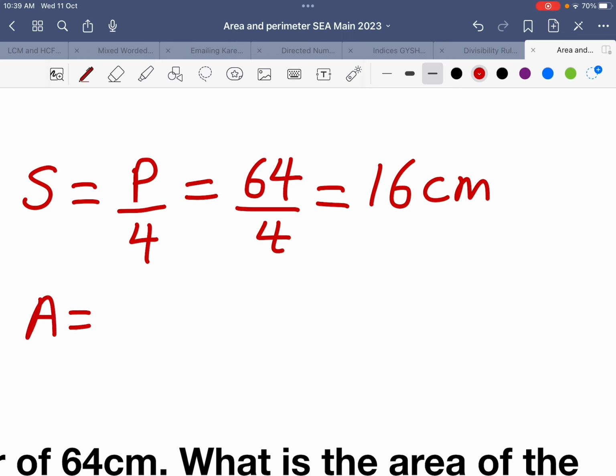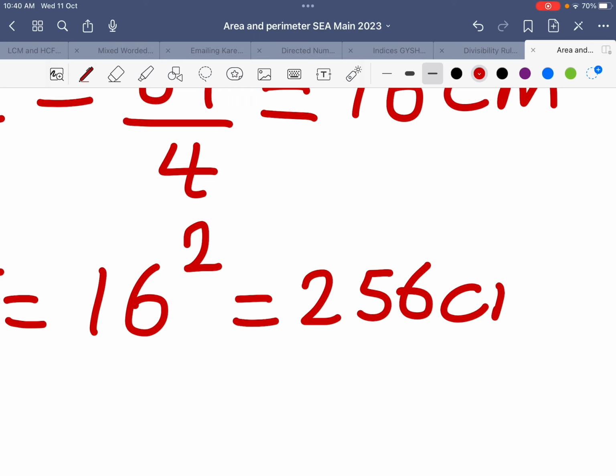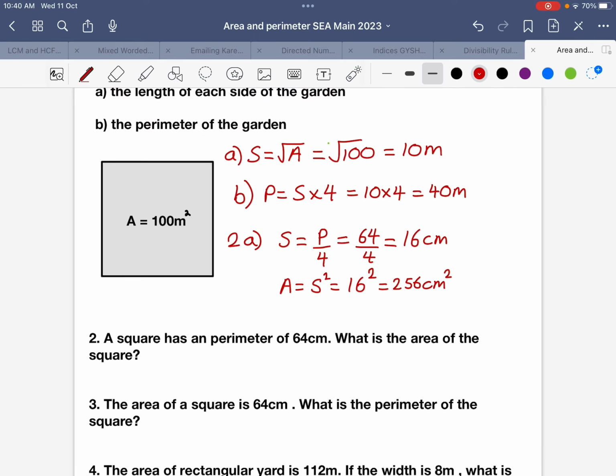Area is side squared, which is 16 squared. So let's check that. Give me a moment to do that. Right, so that's 256 centimeters squared. So your answer is 256 centimeters squared.